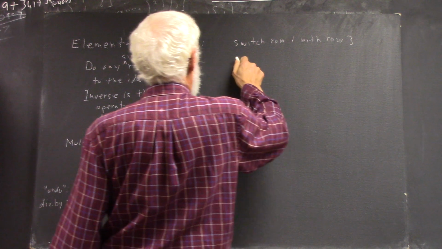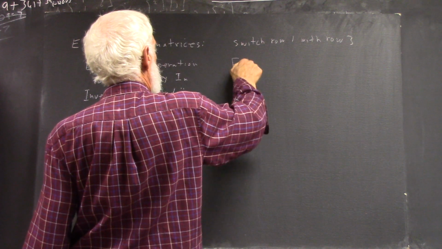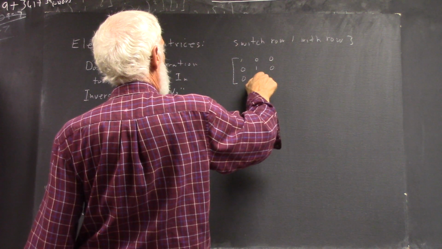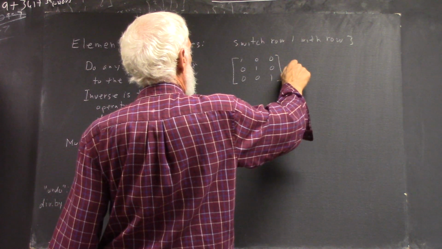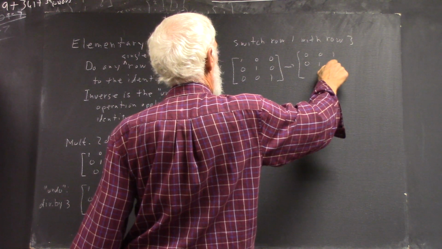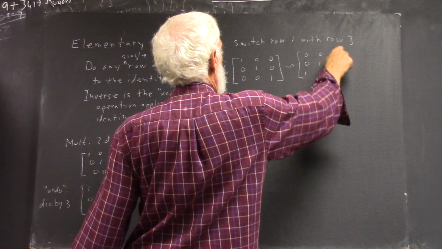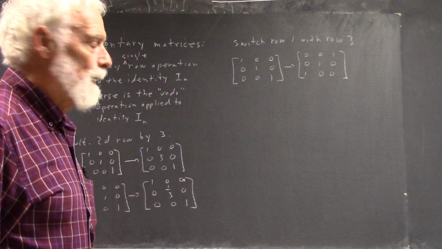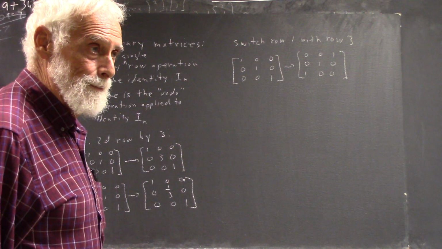If you switch row 1 with row 3, again, for n equals 3, you have this matrix, and it gives you this. Okay? Now, how do you undo that?